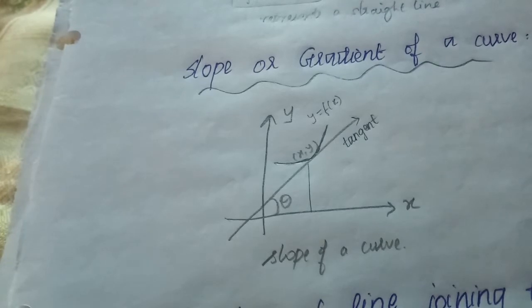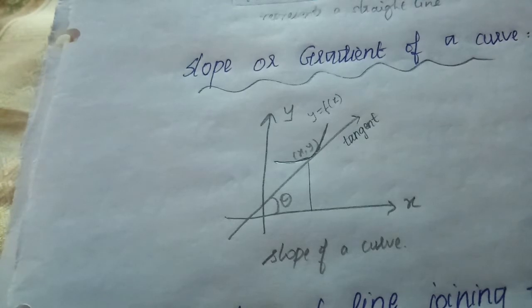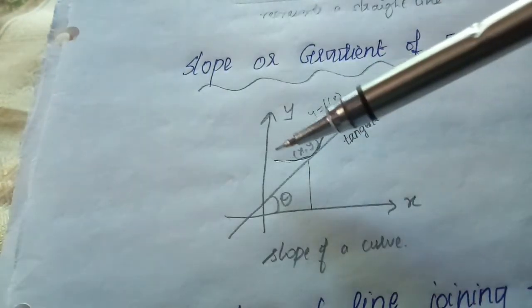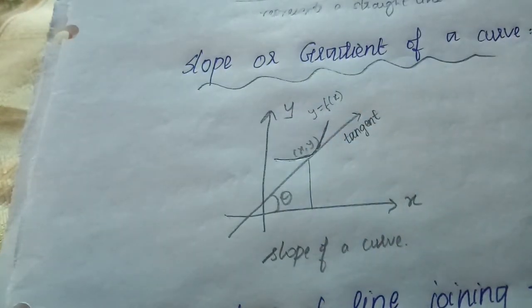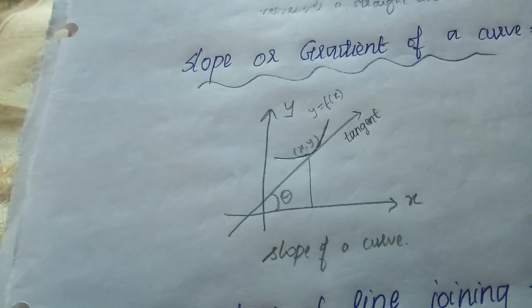Slope or gradient of a curve. First we saw the slope or gradient of a straight line. Now the slope or gradient of a curve. Let y equals f of x be a given curve.